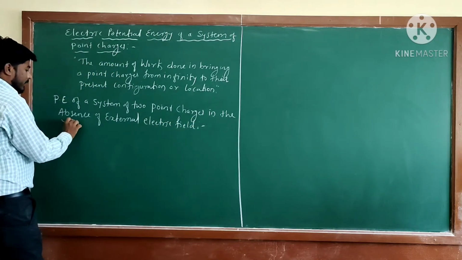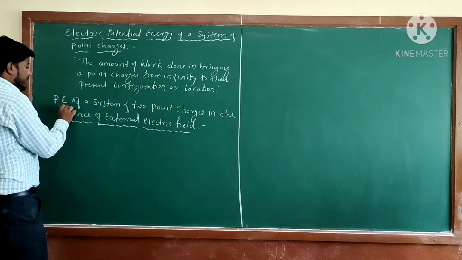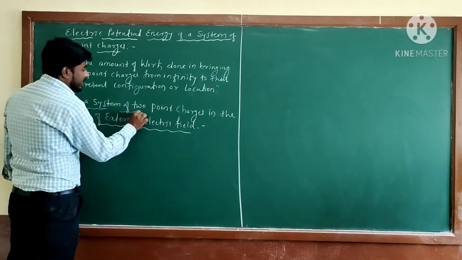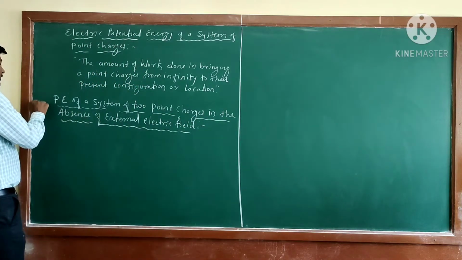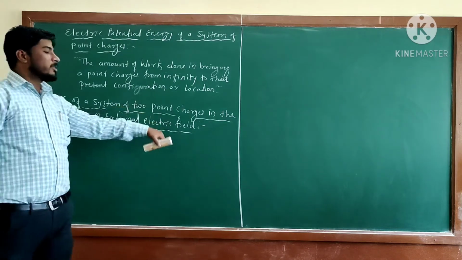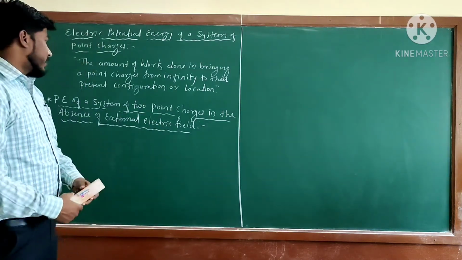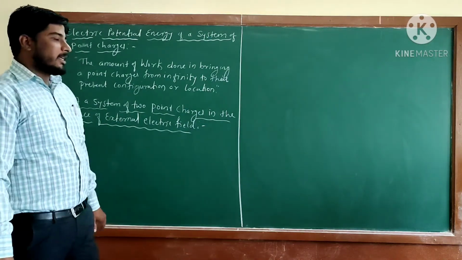It is a small derivation, usually asked in the examination for 3 marks. Derive an expression for the potential energy of the system of 2 point charges in the absence of an external electric field.